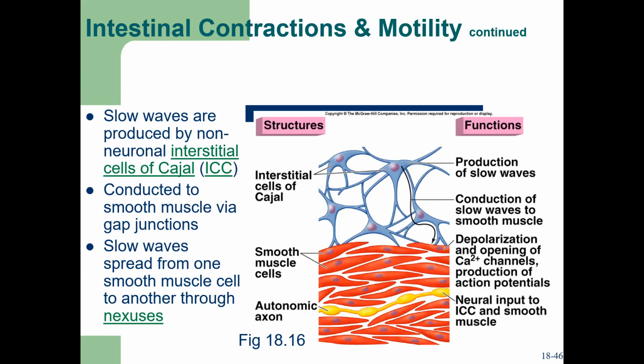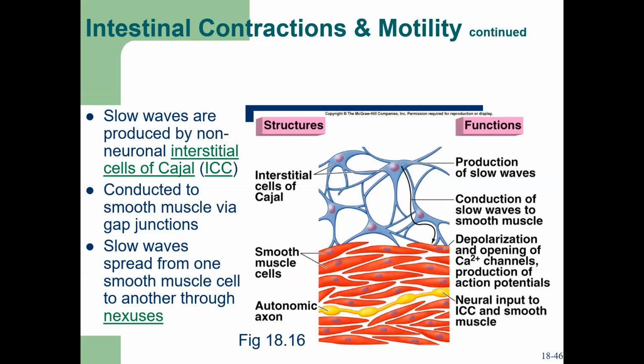The Cajal cells, as you can see here, are connected to smooth muscle cells via gap junctions. So the slow wave potential will travel to the smooth muscle cells. That will trigger voltage-gated calcium channels to open, causing depolarization of the smooth muscle cells.